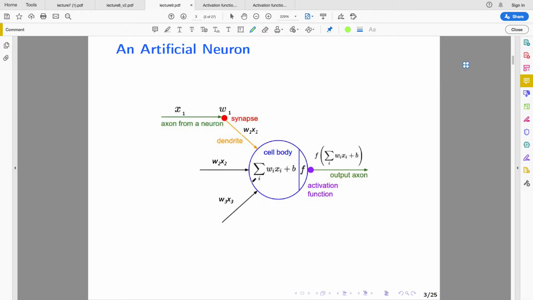You have this as the node, which is also referred to as the neuron, and you have a set of inputs coming in, and each of those inputs is multiplied by a weight. So here we have x1, x2, x3 as the inputs, which could be an image, a text, or an audio.